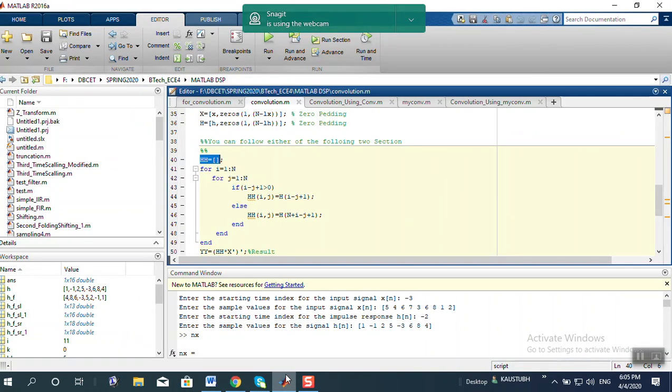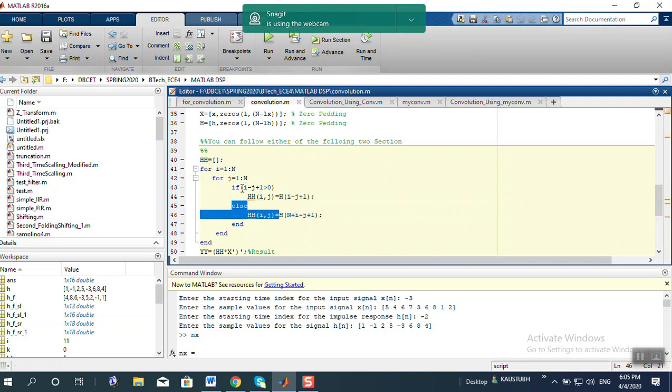Now if you look at this, i is 1 to n, which is 16, j is 1 to n, which is 16. I is 1, j is 1: 1 minus 1 is 0, plus 1, that is 1, greater than 0, yes. So h of 1 comma 1 is h of i minus j plus 1, that is h of 1. Else will not execute.